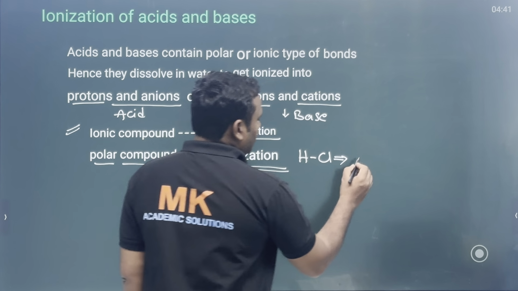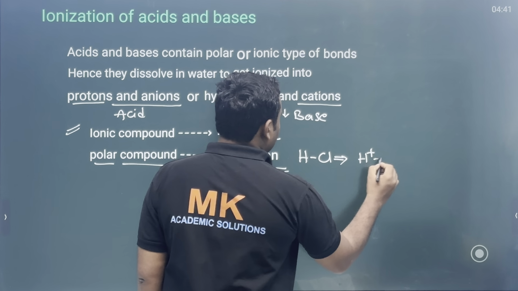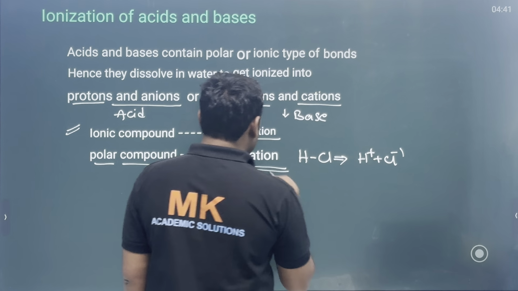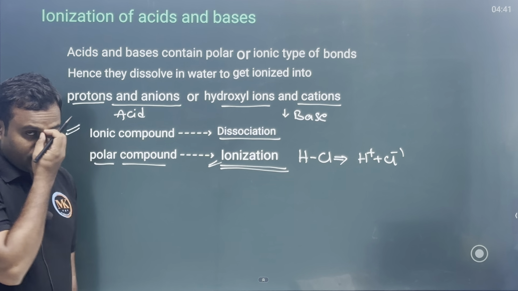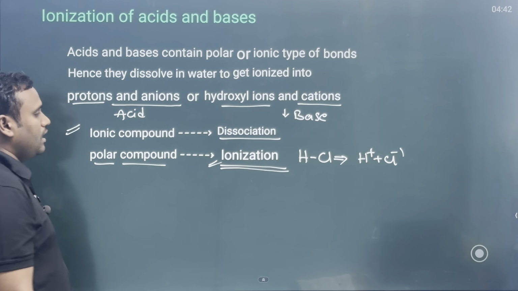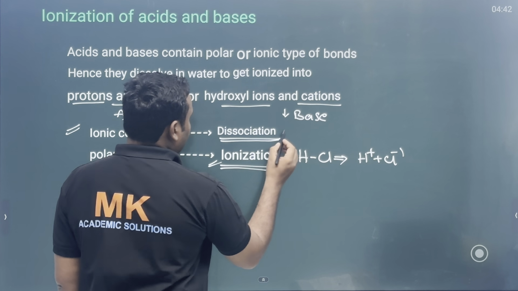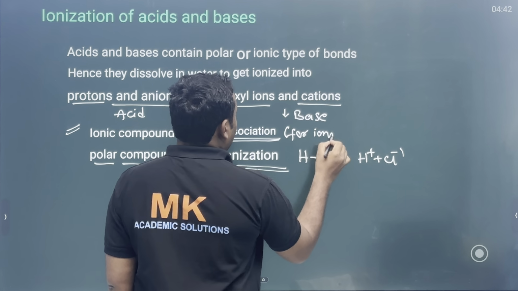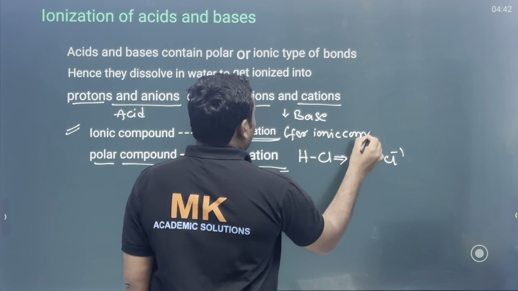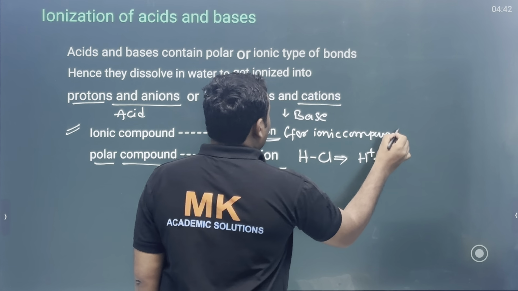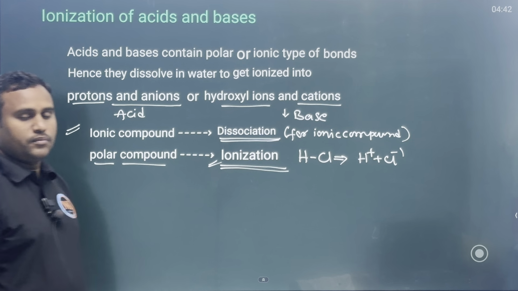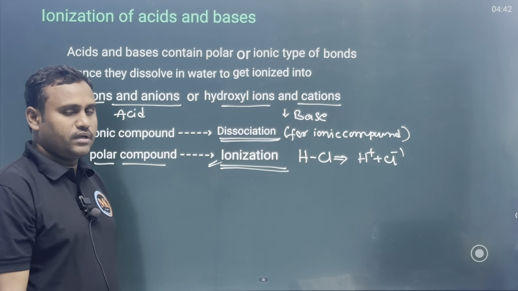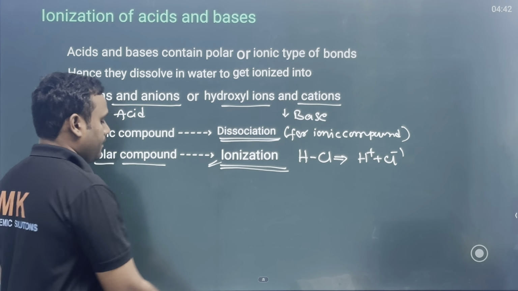So HCl dissociates as H plus and Cl minus. This process is known as ionization, and dissociation is for ionic compounds. However, both we are going to consider the same only. Ionization or dissociation we can consider the same. Okay, right.